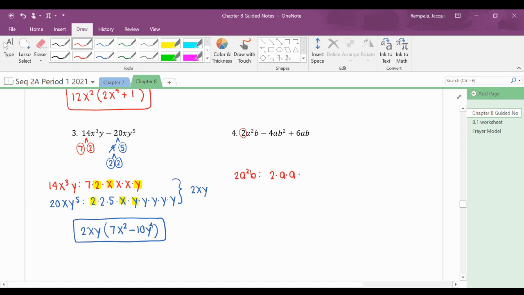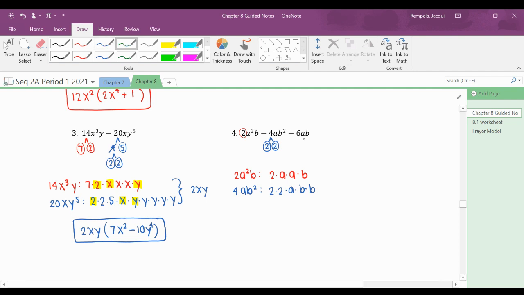A squared is a times a, and then there still is a b. Looking at the next in the middle, we have a 4ab squared. 4 we can break down into 2 and 2, but those are prime numbers, so that means I'm done with that factor tree. So 4ab squared means we can do 2 times 2. There is 1 a, and there are 2 b's.